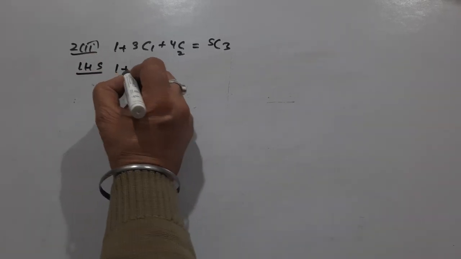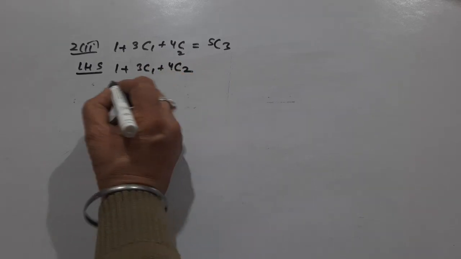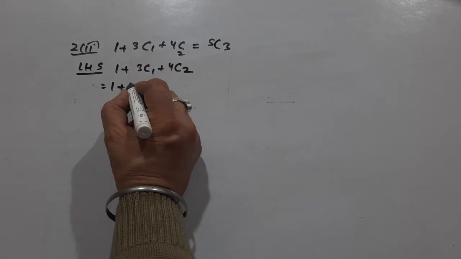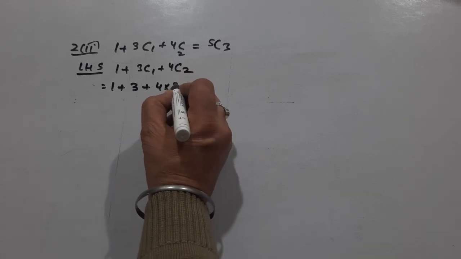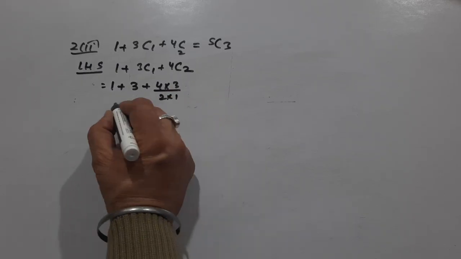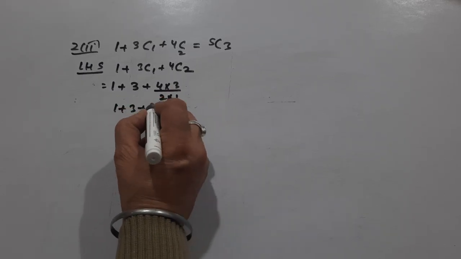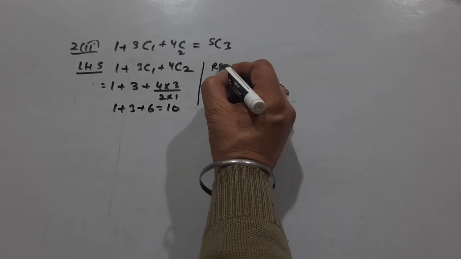Take left side, 1 plus 3C1 plus 4C2. What is 3C1? This is 3. And what is 4C2? 4 into 3 upon 2 into 1. So we get 1 plus 3 plus 6. We get 10.